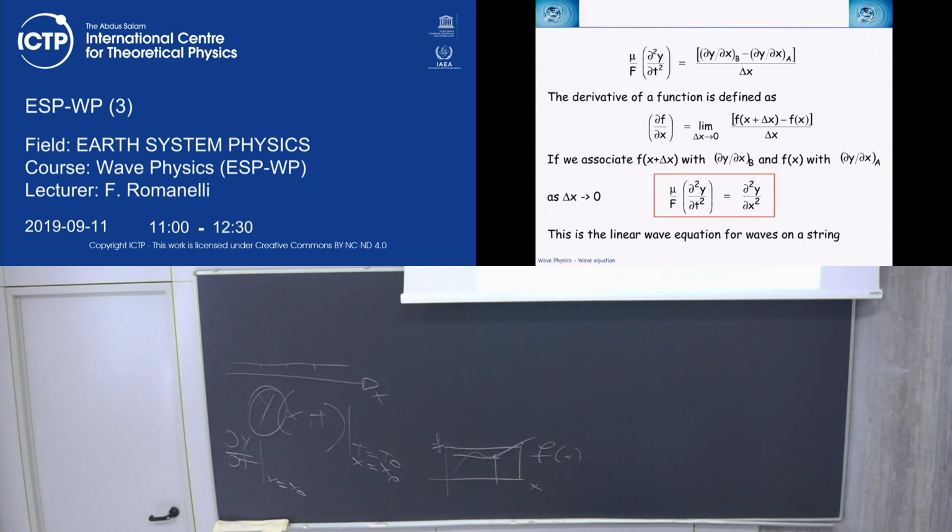Okay, now what are the units of the ratio between mu and F? Because they have to match. So here we have y and y, fine. Here we have time squared, and here we have x squared. So to be, how to say, really polite from a physical point of view, the square root of F over mu has to be a velocity.